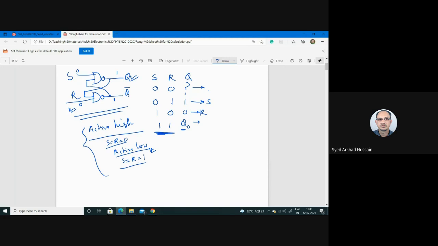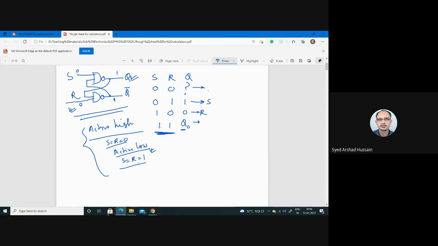In that case, 0 0 is no change, so that circuit is an active high circuit. Normally in rest conditions you keep both inputs in the low state, and as soon as you want to set or reset, you change an input from low to high.